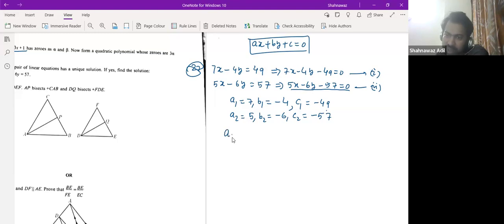What is A1 by A2? 7 by 5. What is B1 by B2? Minus 4 by 6, which is 2 by 3. Are they equal?